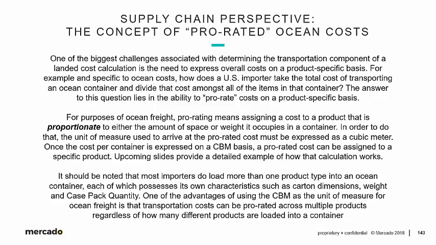Depending on the profile of a given product, it could be a heavy product, it could be a voluminous product. But for purposes of landed cost, we want to be talking in cubic meters. Once the cost per container is expressed on a CBM basis, cubic meter basis, a prorated cost can be assigned to a specific product. Upcoming slides provide a detailed example of how that calculation works.